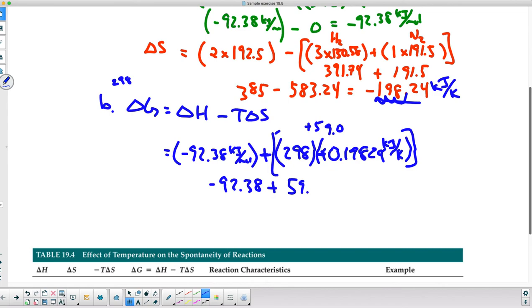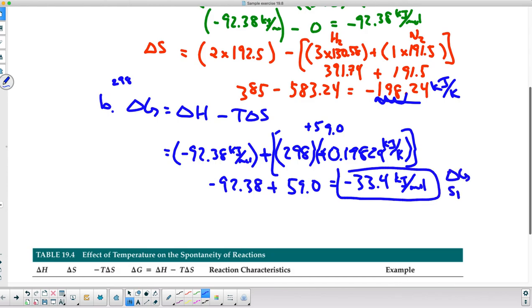I think it's 59.0, something very close to that. And then what we get here is a negative 33.4 kilojoules. Kilojoules per mole, just kilojoules. So this is a negative, which means delta G is spontaneous, the reaction happens spontaneously.